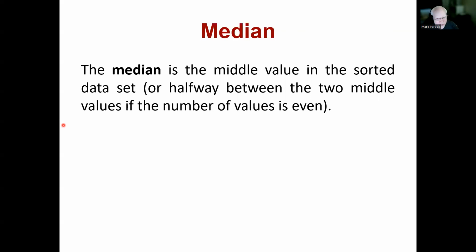And then essentially the median is the middle value, or the halfway point between the two middle values if the number of values is even. So it's your middle data point. In terms of what is a typical value, we typically think the middle is a typical value, so it makes a lot of intuitive sense. Where again the median loses out is you're dropping a lot of values, right?